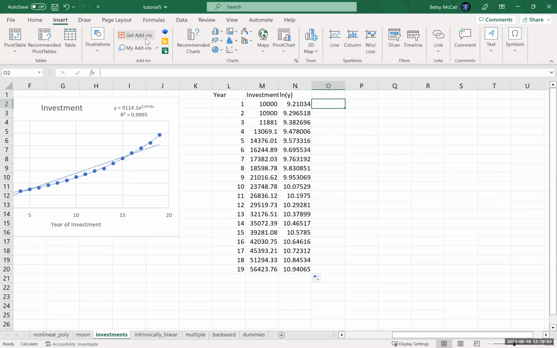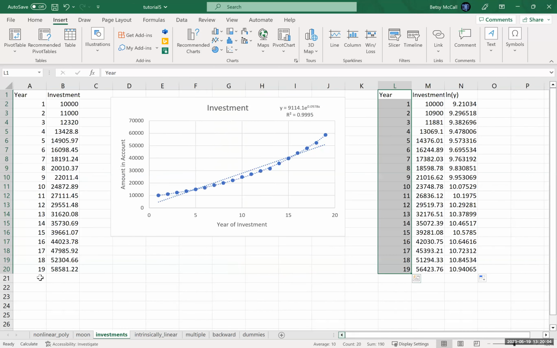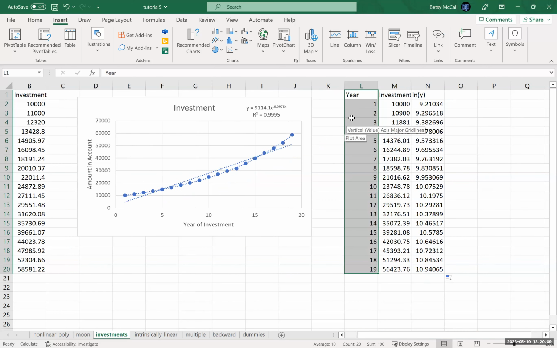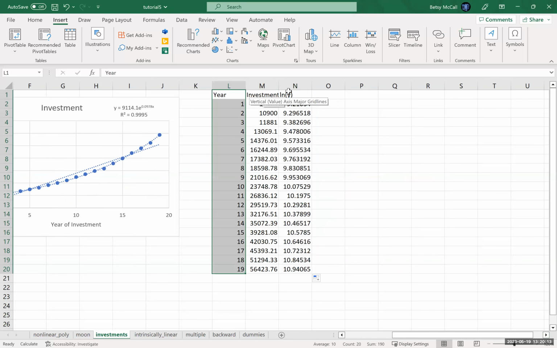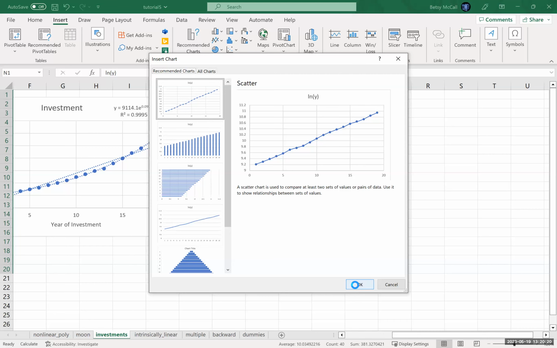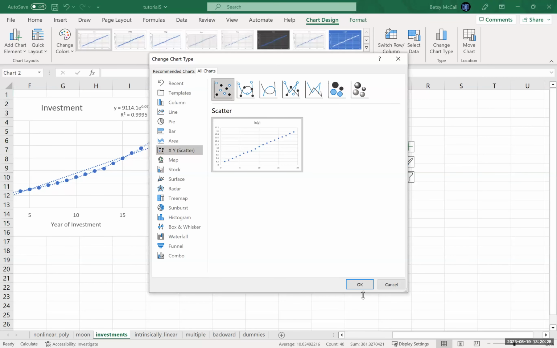Okay, and so now what we're going to do, again, just so that we have it, is create our scatter plot of the transformed variables. There we go.